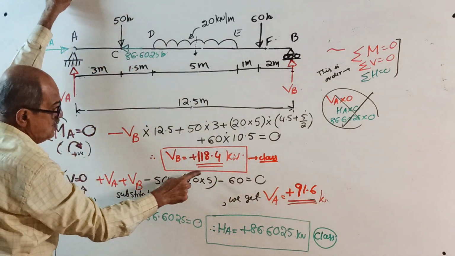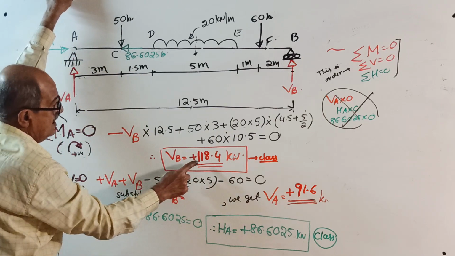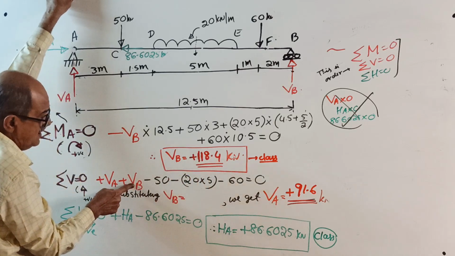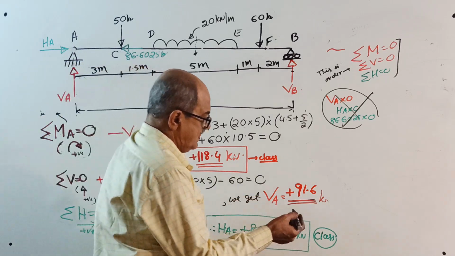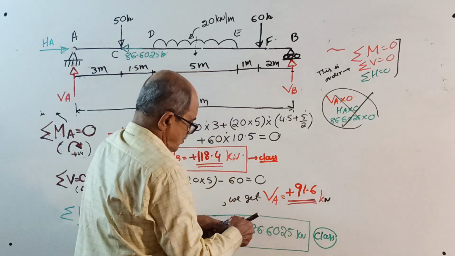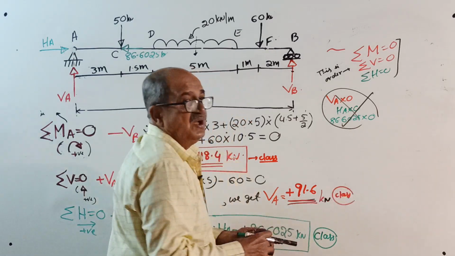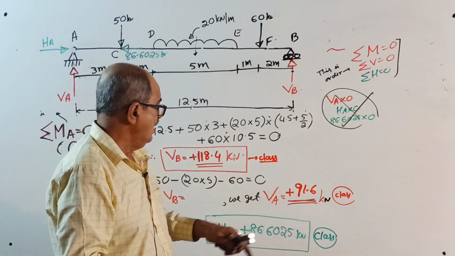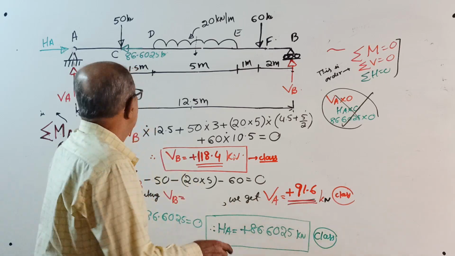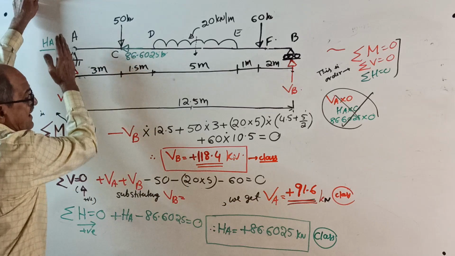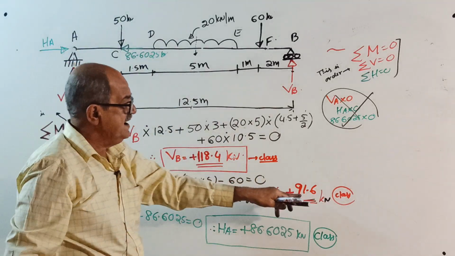Substitute VB equal to 118.4, simplify, take the other side, VA will come plus 91.6 kilonewton. We got a positive sign for VA also. Positive sign indicates that the assumed direction of VA is correct, so VA will be vertically upward, 91.6 kilonewton.